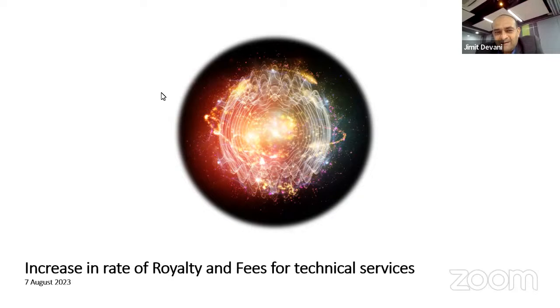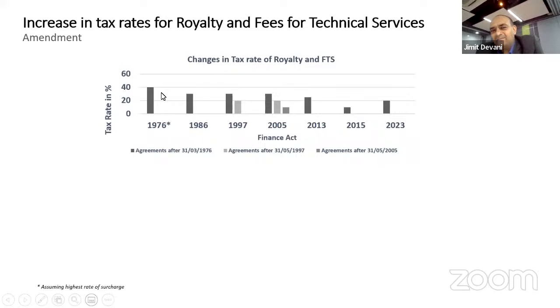The history of this section is that it has been subject to lots and lots of changes. Way back in 1976, the rate was as high as 40%. Then there was some reduction in rate. At one point of time, the rate was even 25%.